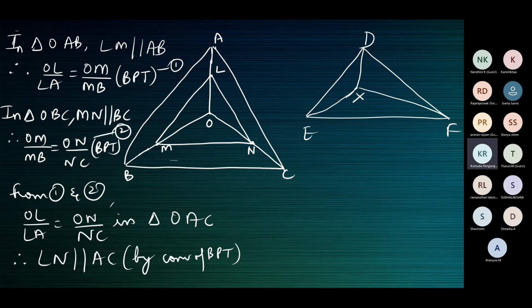It's a straight line, children. Please excuse me. Go on. So take any point X inside the triangle and join the point X to the vertices D, E, and F.